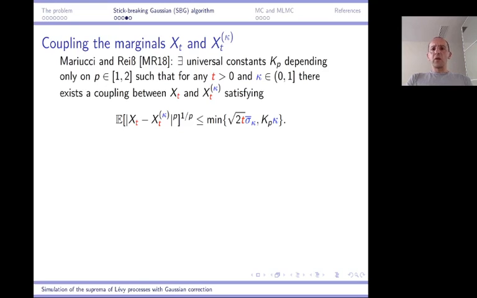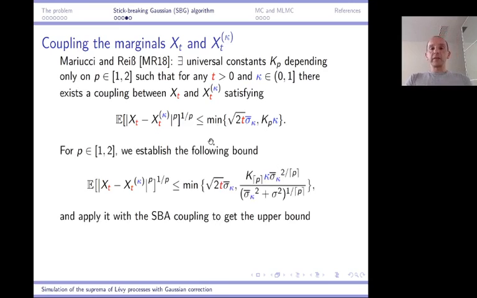So what's the inspiration? What's in the literature? Mariucci and Rice had a coupling for the marginals between X and its Gaussian approximation of this type. And this is actually the first thing that we started using until we realized that we could slightly improve on that in the case when X has a Gaussian component. If sigma squared is 0, our bound is exactly the same as the Mariucci-Rice bound.